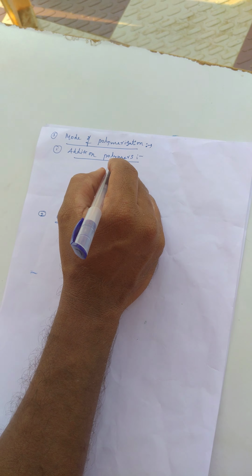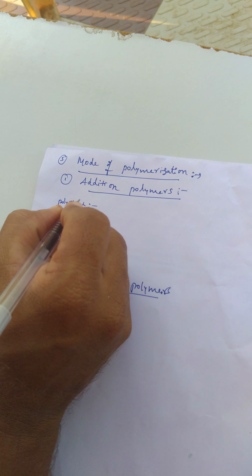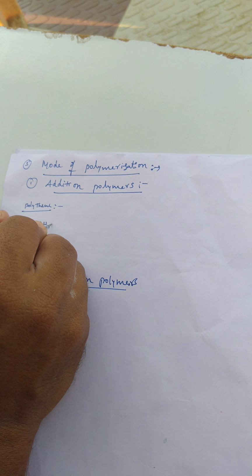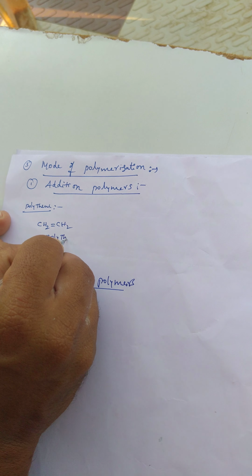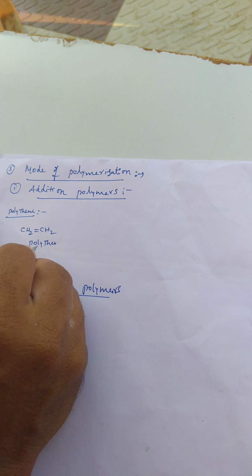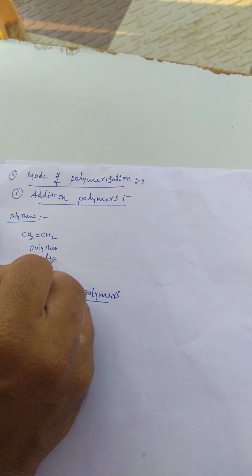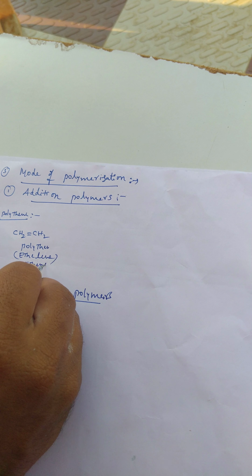See here, we'll see one example, polythene. How can we make polythene? The ethylene molecule, CH2=CH2. Already you know this. It is ethylene, or we can call it ethene.